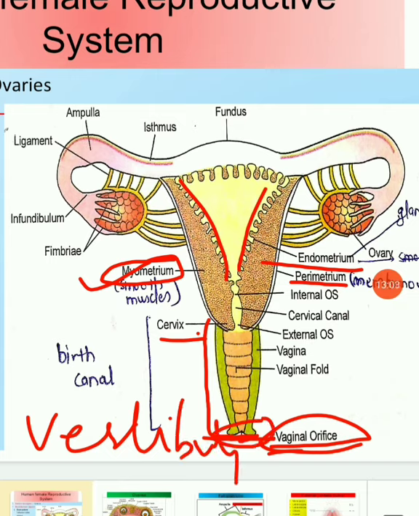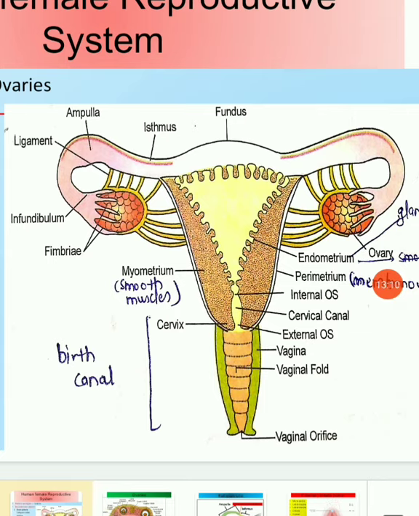Through the cervix, the whole structure is called the vaginal fold.